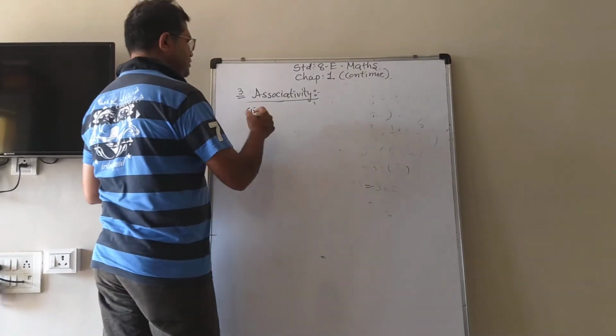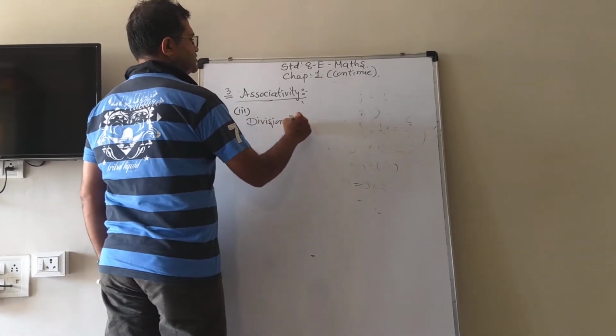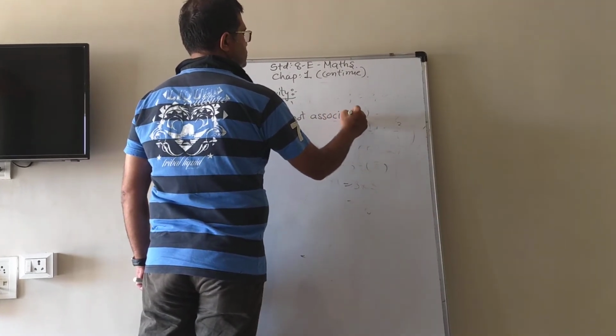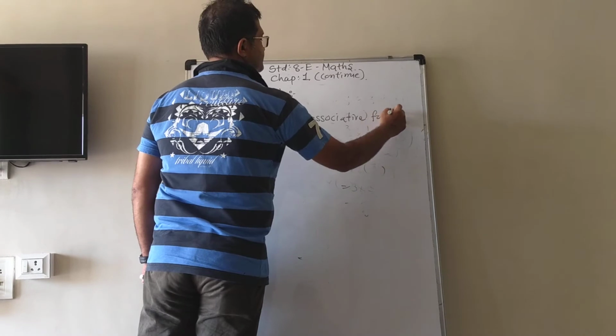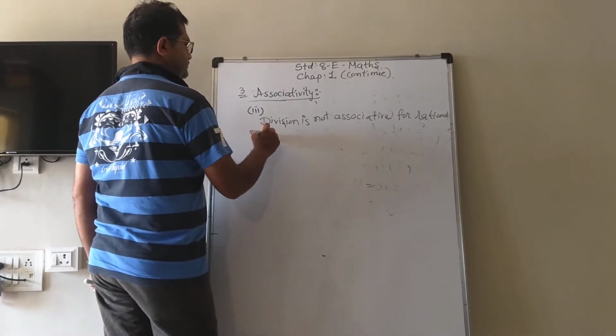So we can write down, division is not associative for rational numbers.